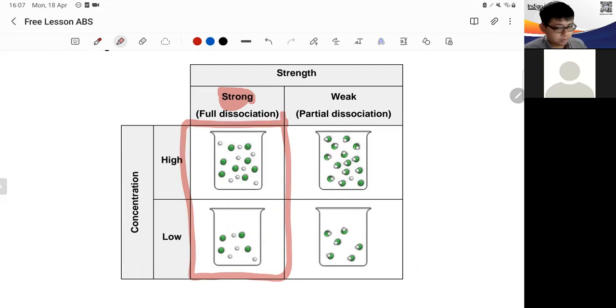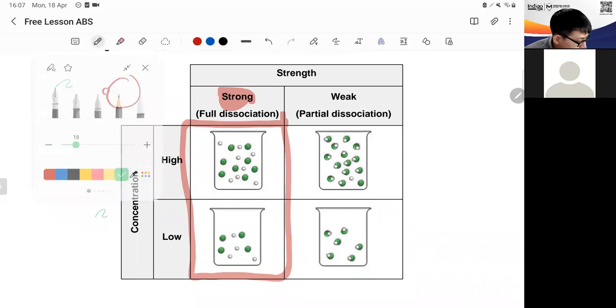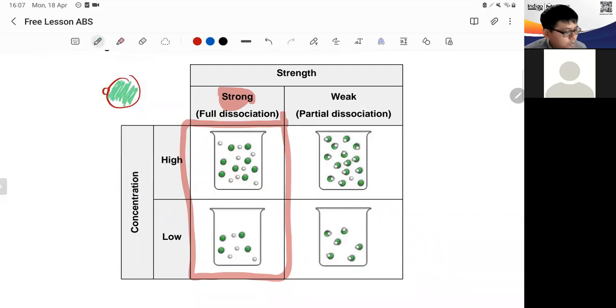You look at this diagram, the green balls and the white balls. Originally, the acid looked like that. No matter whether the acid is concentrated or diluted, however much acid is inside the solution, it should split up completely.